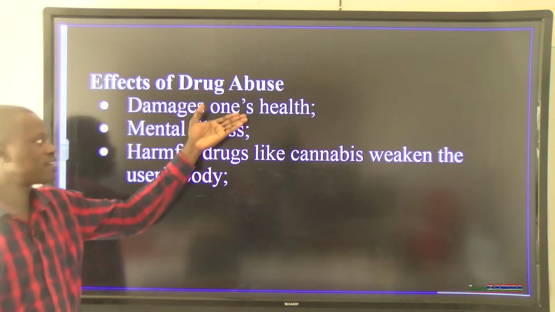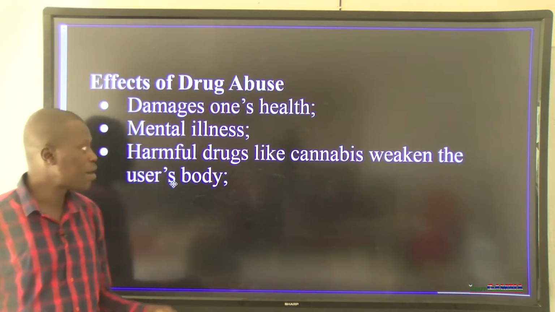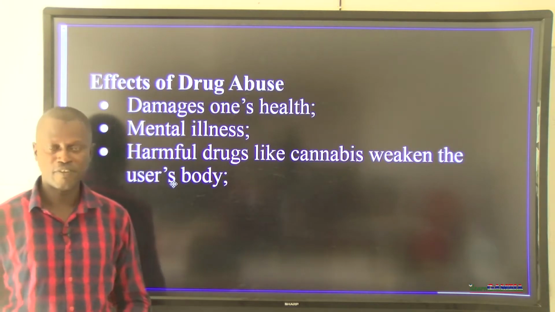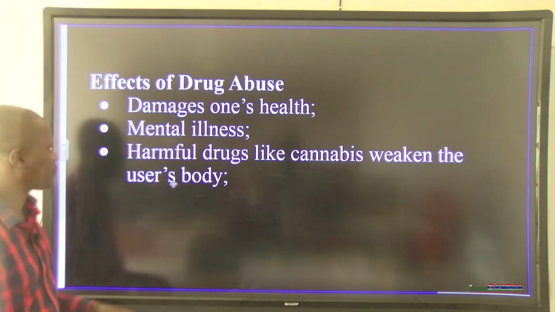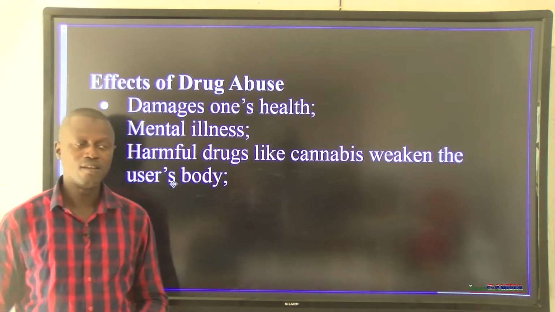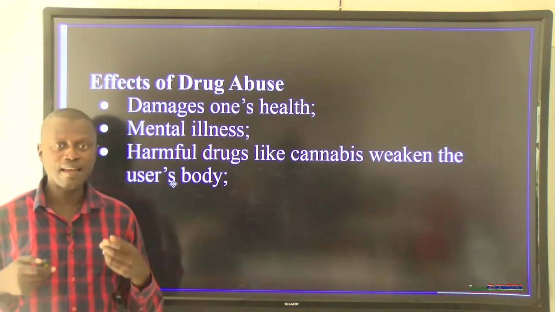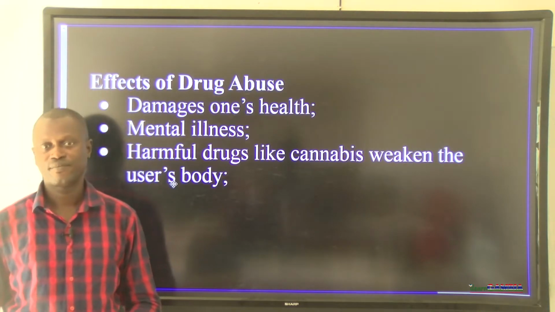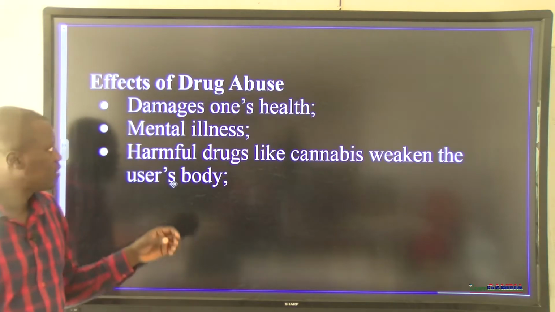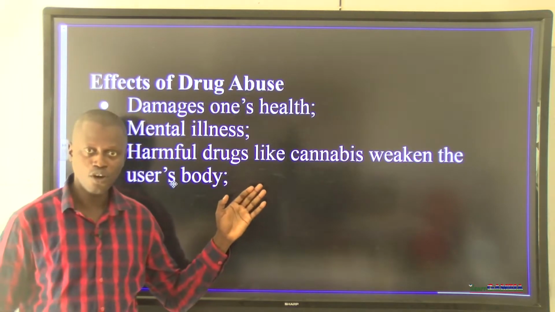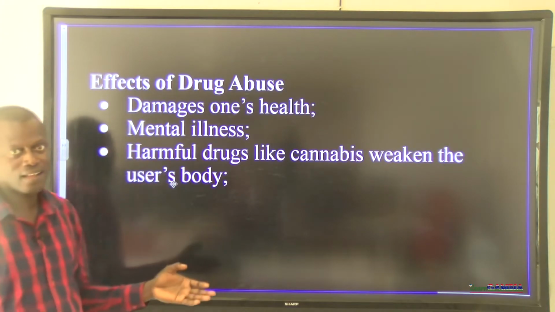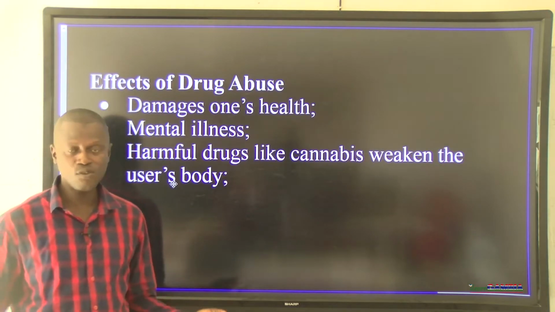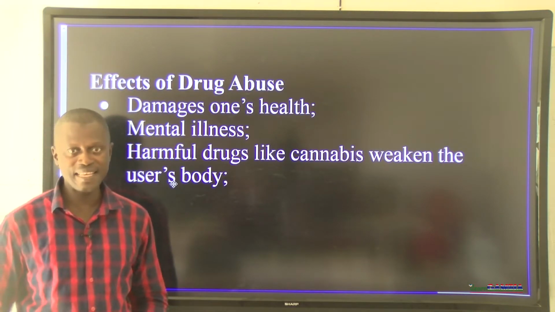It damages one's health. We take an example of a tobacco smoker, someone who smokes a lot. For example, cigarette for that matter, yes, will not gain total health when compared with the non-smoker. If you look at the health status of the smoker and that of the non-smoker, you will even see some differences or changes with your naked eyes.